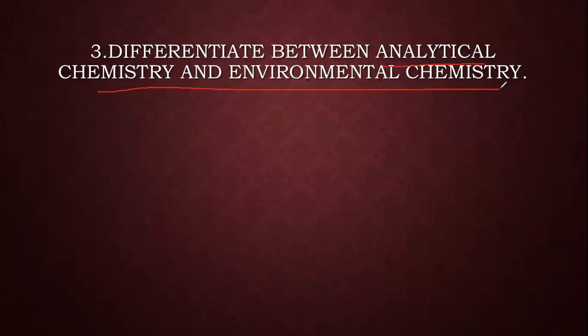And environmental chemistry is the branch of chemistry that deals with toxic materials and toxic substances and the adverse effects of pollution on human beings.